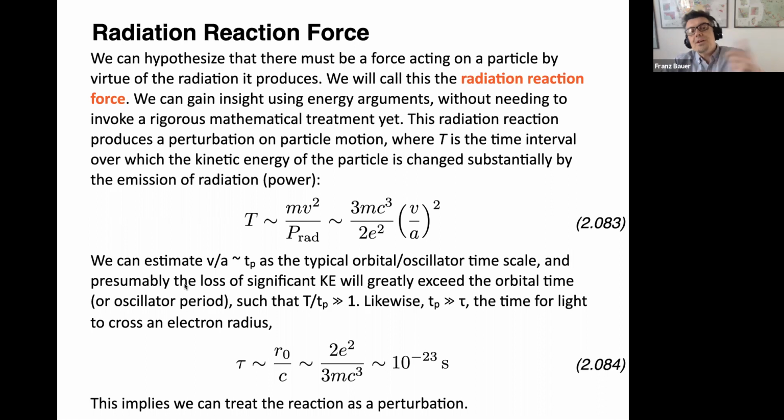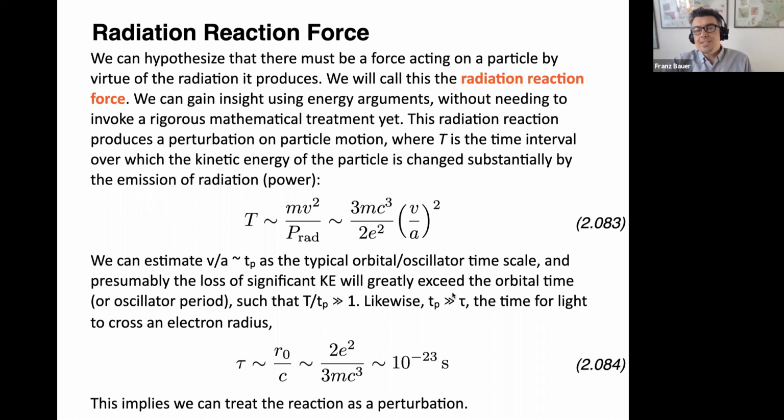And presumably this kinetic energy loss time should greatly exceed this orbital timescale, meaning that on one orbit, it's not going to lose too much of its energy. And another way of stating that would be that this time scale has to be much larger than this time scale, such that this ratio is much larger than 1.